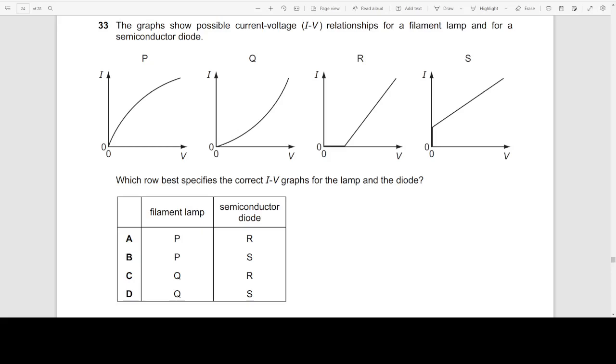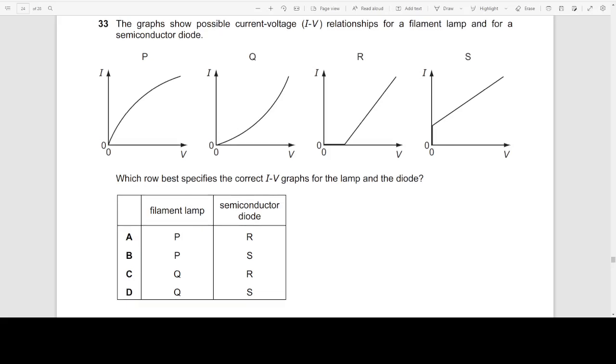So this seems to be the correct graph, because as you can see, even when voltage is increased till a value, let's say V1, current is still 0, correct, for this part. So V1 is the threshold voltage, and this is the only graph which shows the presence of a threshold voltage. So R has to be for the semiconductor diode, so B and D are out.